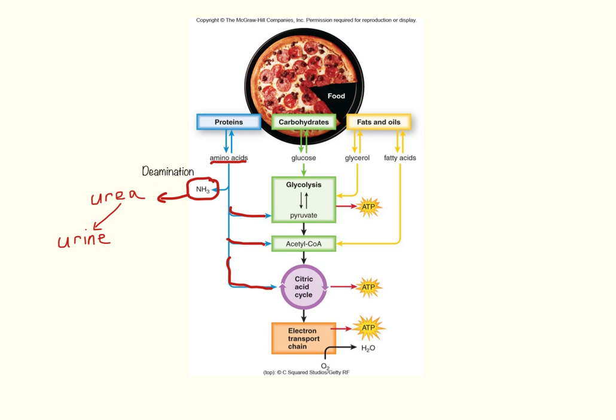Triglycerides are broken into glycerol and fatty acid chains. The glycerol is a 3-carbon molecule the cell can easily slip into the glycolysis pathway. The fatty acids are broken apart in a process called beta oxidation, which cleaves the chain into 2-carbon acetyl groups.